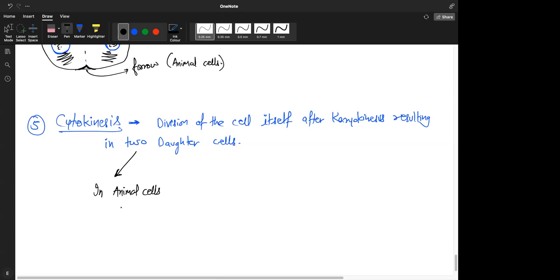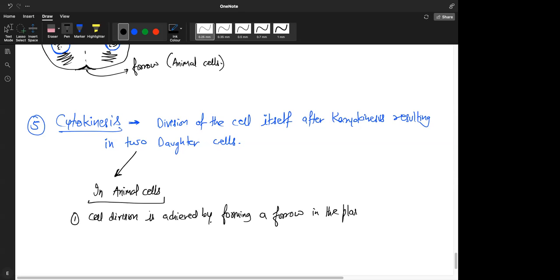In animal cells, first point: cell division is achieved by forming a furrow in the plasma membrane.